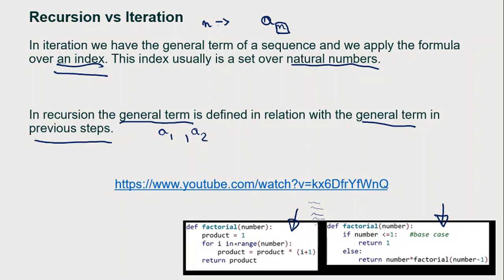But the bottom line is that here we vary some counter, some index, which is i in this case instead of n. But here in recursion, we just call upon the same function which was defined. By the way, these two are written in Python. However, the only difference between Java and Python is the pure syntax.